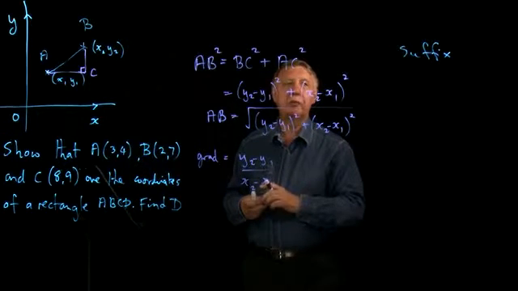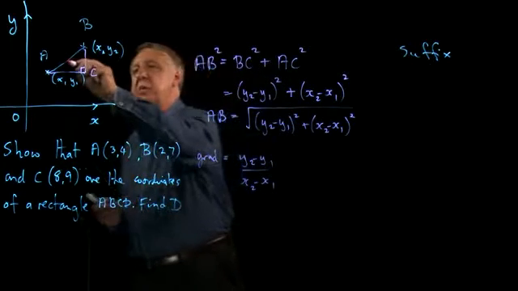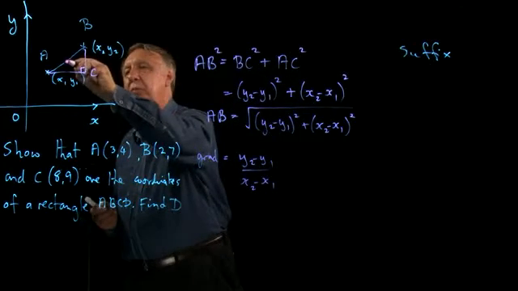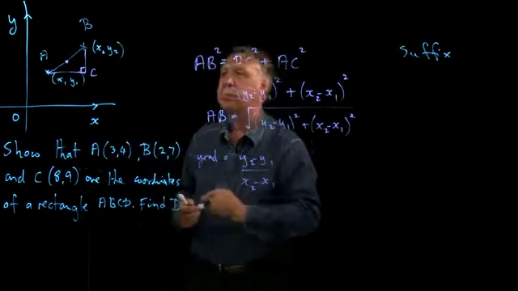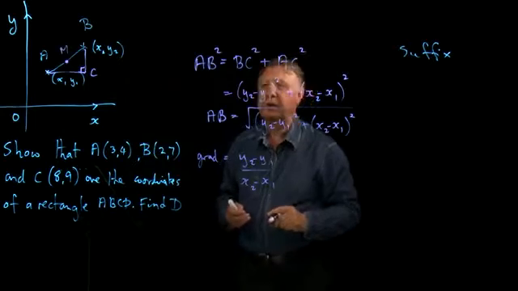And another formula that I might want to use is I might be interested in the middle of this line here. So where is the middle point? Let's call it M. M for middle seems a pretty reasonable letter to use.